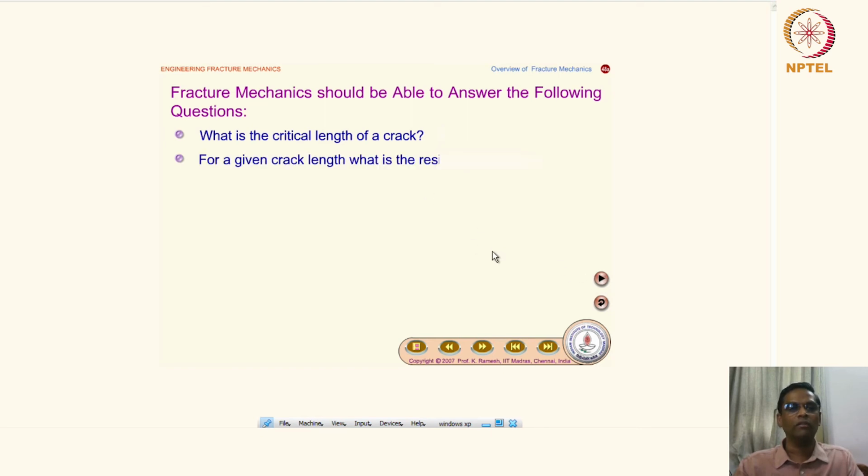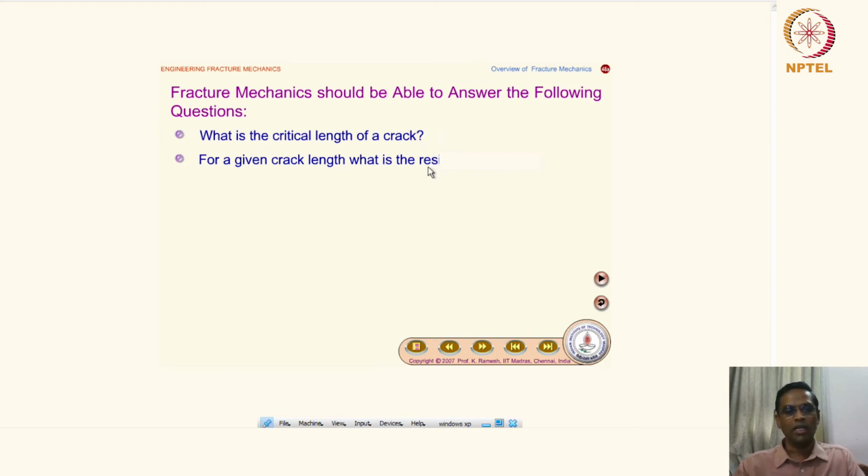modes of failure. So what should fracture mechanics be able to answer? Fracture mechanics should be able to answer the following questions. What is the critical length of the crack? Okay, so we were talking about NDT monitoring, right?